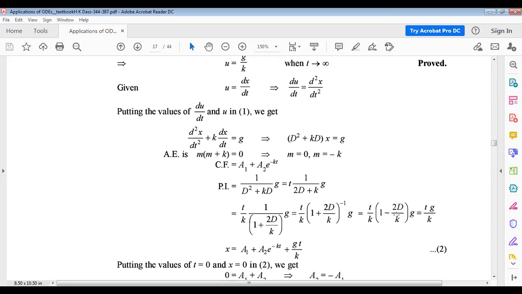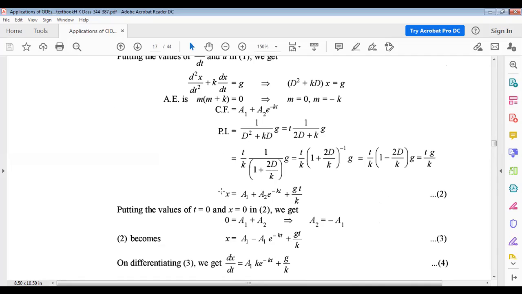Okay. So only two terms will exist because there is single D. Now multiplying z with 1, we get only tz by k, but differentiation of z what? 0. z is the constant 9.8. So differentiation with respect to t will be 0. This is why this result will be only tz by k.